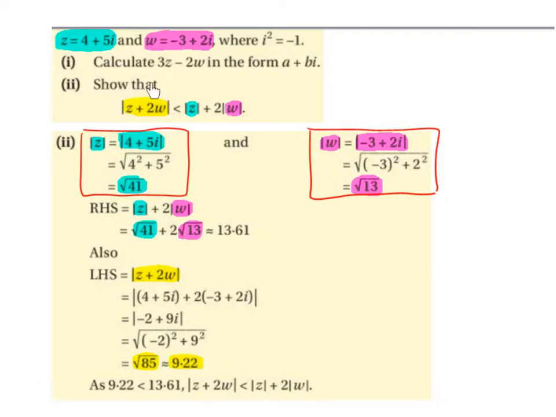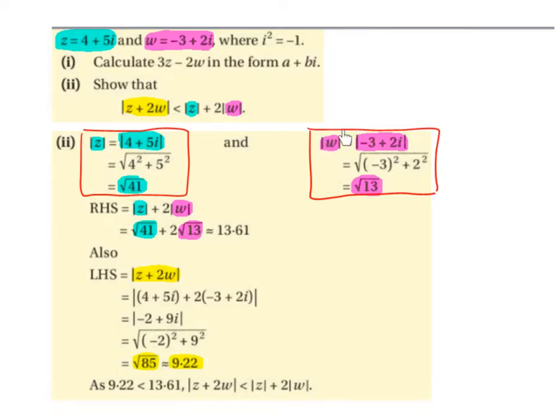Part 2. Show that the modulus of z plus 2w is less than the modulus of z plus twice the modulus of w. So the modulus of z, so z is 4 plus 5i, so the modulus of that will be the square root of 4 squared plus 5 squared, which gives us root 41.